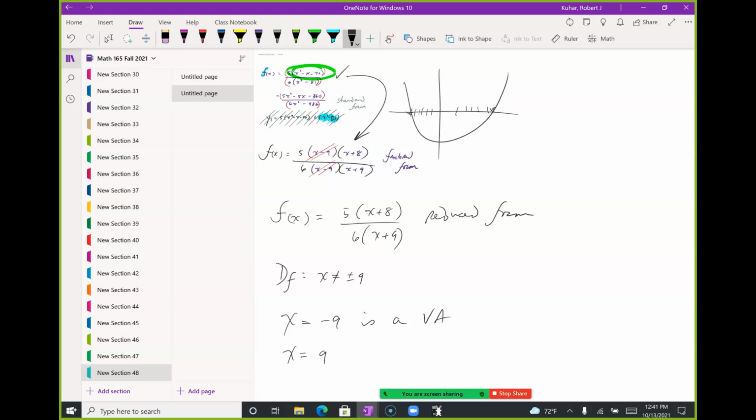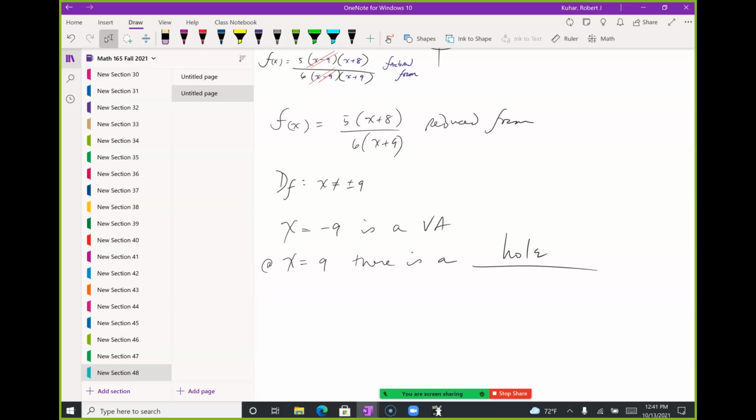Are you gonna get the intercept? Nope. A hole. A hole, yeah. There we go. Yep. And the hole is not easy to see. You could see it in your table. It'll say x is 9, y is undefined, right? But of course we can find the height of the hole by doing f of 9 in the reduced form.